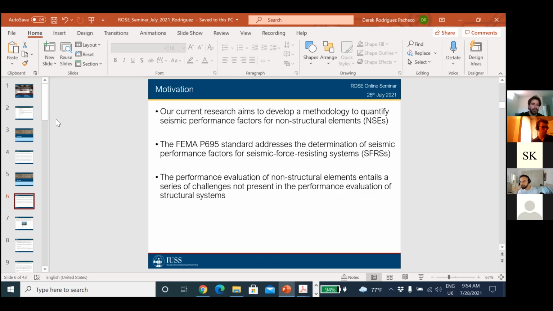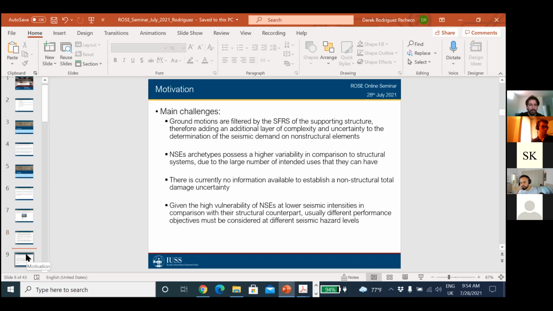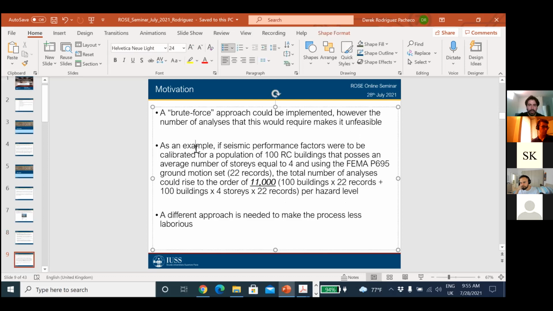And it basically means that if you want to use a brute force approach, like the FEMA P695, and run all the analyses for all the buildings for which you want to assess performance of non-structural elements, it makes the process unfeasible because you will have a crazy number of analyses. Here, for example, in this slide, you can see that for a 100 reinforced concrete building population, if we want to assess the non-structural elements performance, we will have to run more or less 11,000 analyses per hazard level. So this makes the process very laborious and unfeasible in most cases.